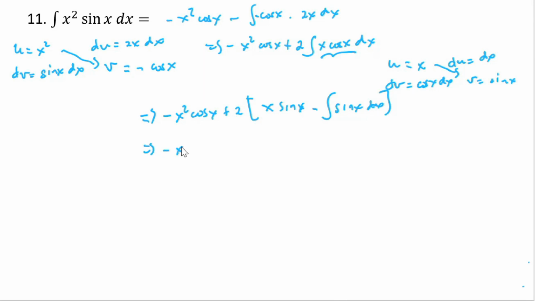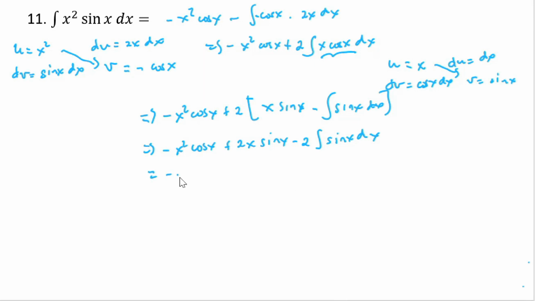So we have negative x squared cosine of x plus, using the distributive property, we can write now 2x sine x, 2 times negative of the integral, we have negative 2 the integral of sine x dx.